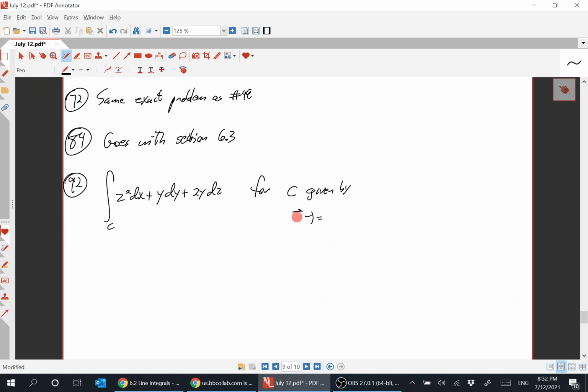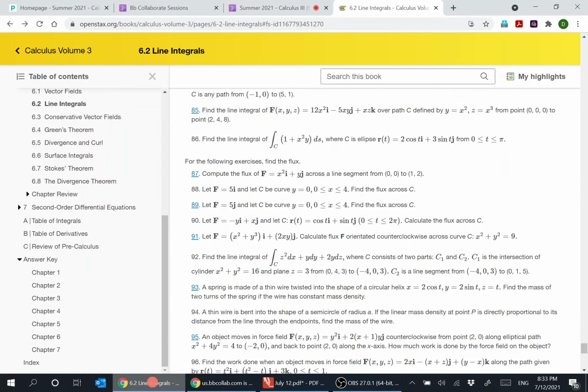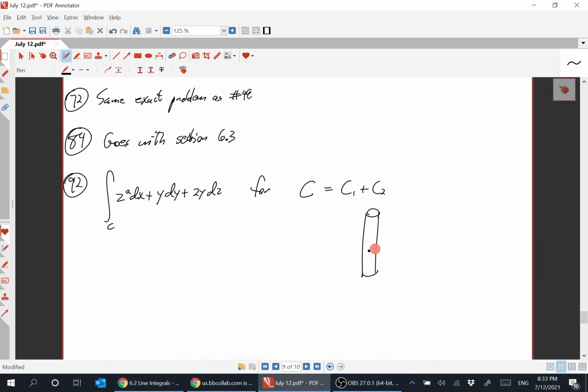So for C equal to C1 plus C2, where C1 is hard to draw. (0, 4, 3), so x equal to 0, y equal to 4, z equal to 3.